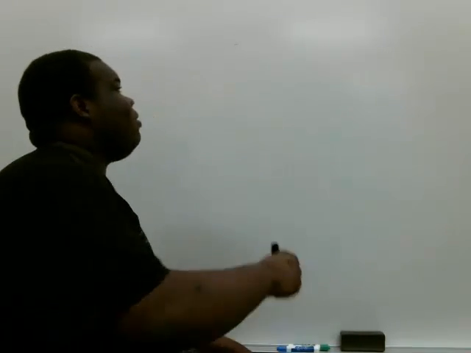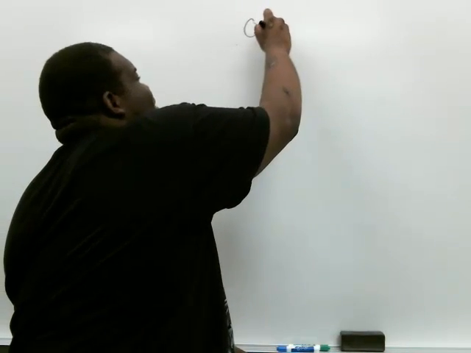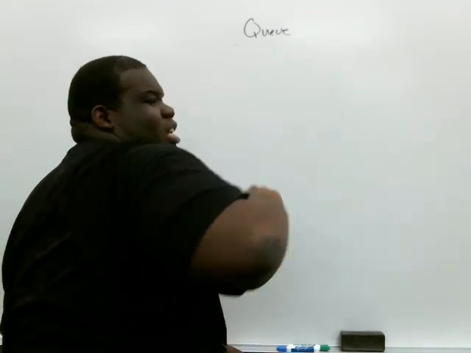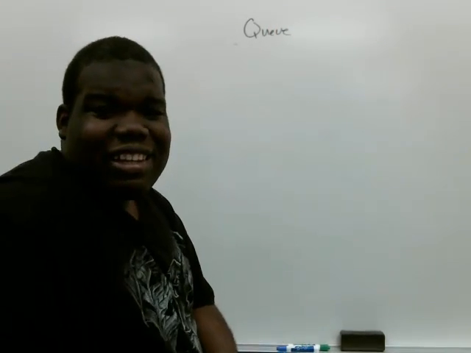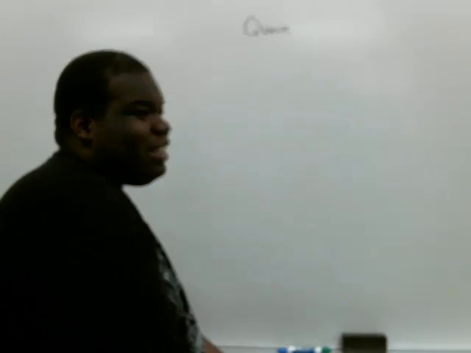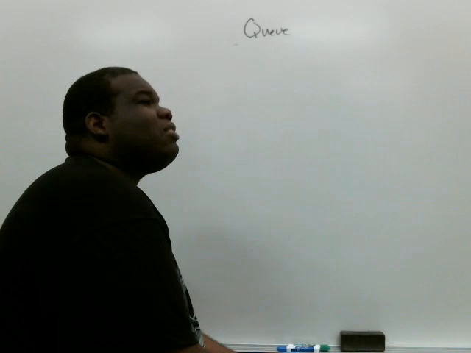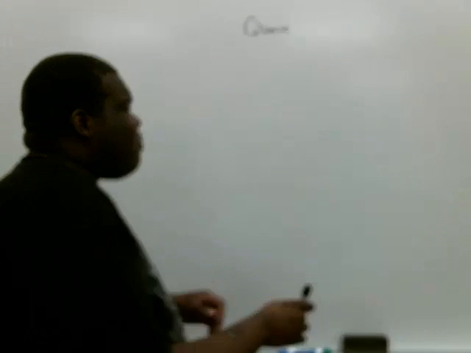Another data structure I will talk about is called a queue. That's spelled Q-U-E-U-E, and it's basically pronounced like the letter Q. Think about if you've ever been to the bank.